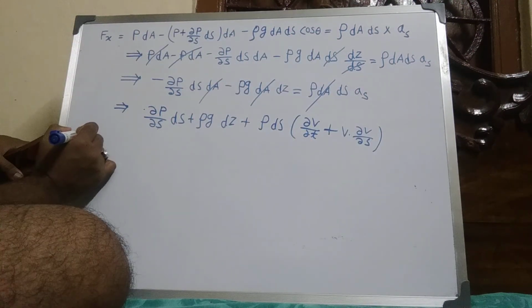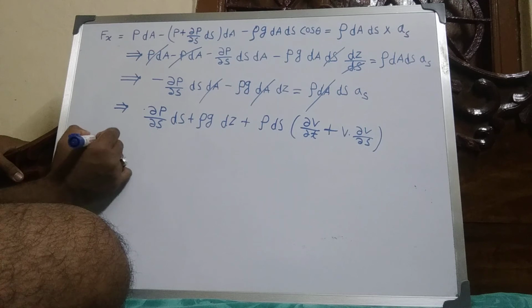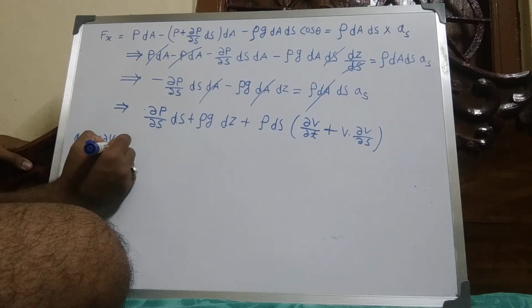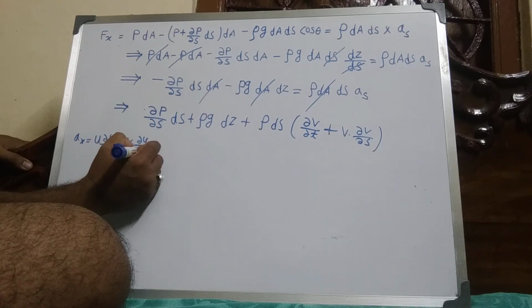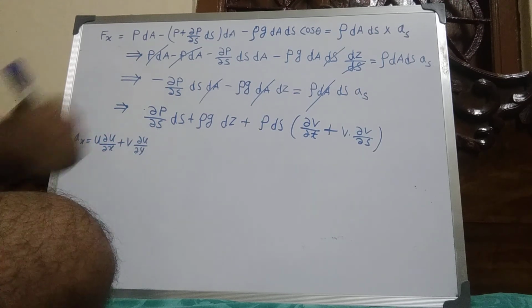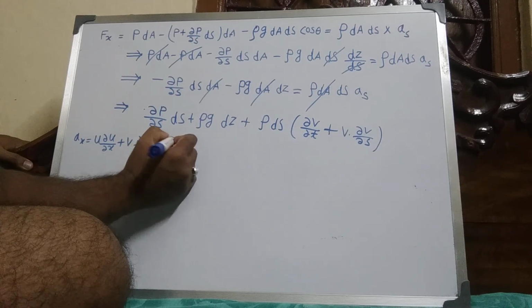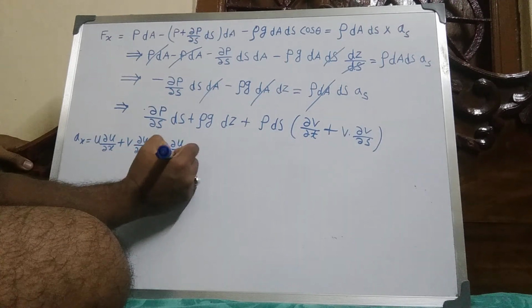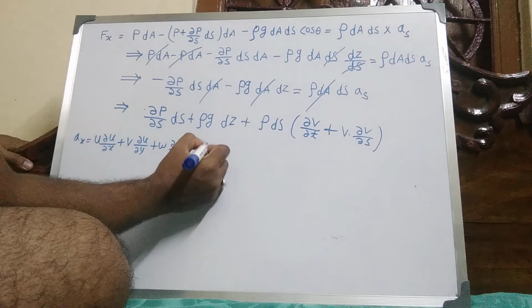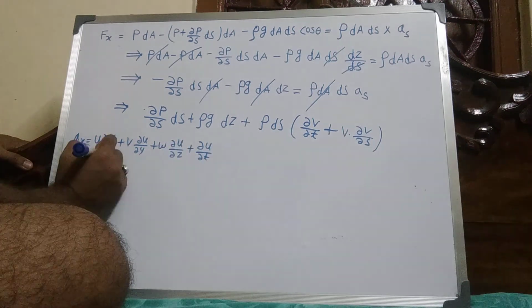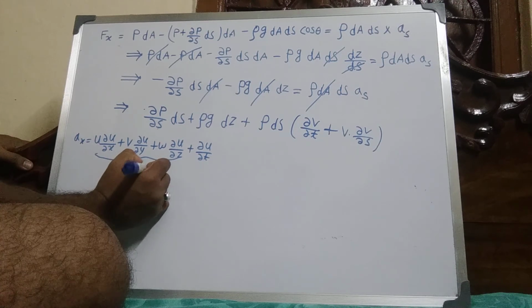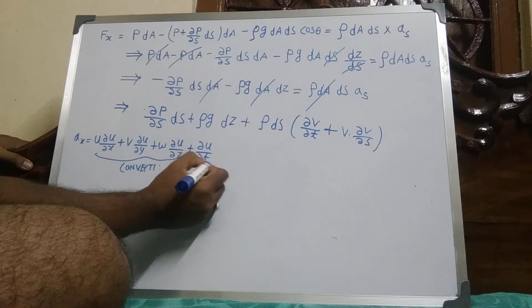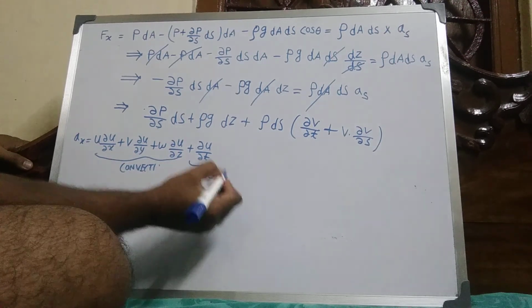I already supposed ax equals u into du by dx, v into du by dy, and w into du by dz, plus du by dt. This one is convective acceleration, this is the local acceleration.